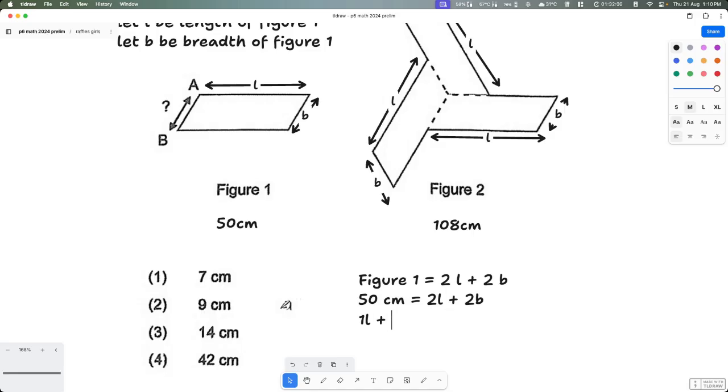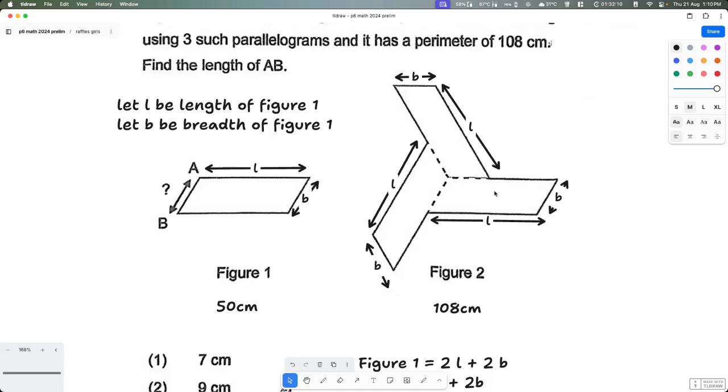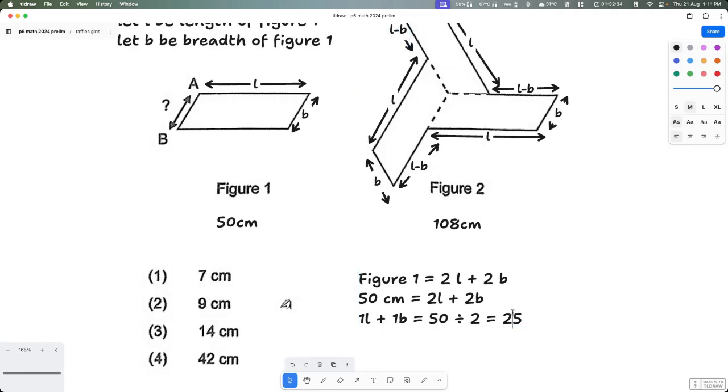So 1L plus 1B is equal to 50 divided by 2, which is equal to 25. Then this is L minus B, and the same goes for the other L minus B's. So there's figure 1.